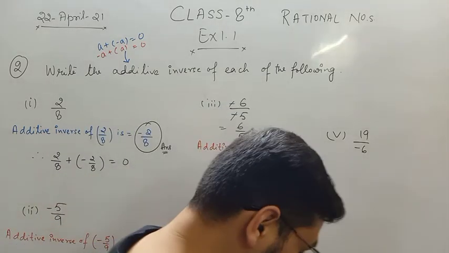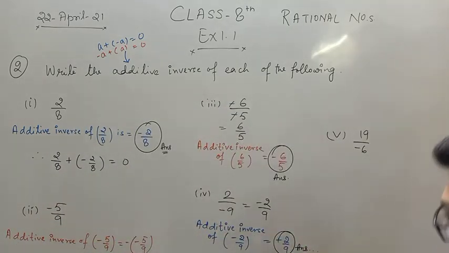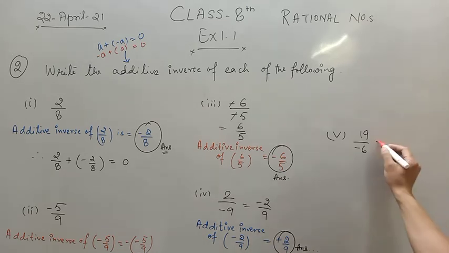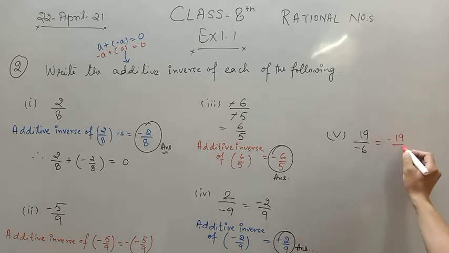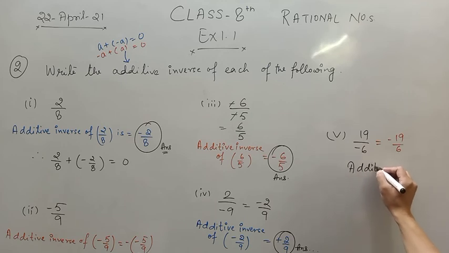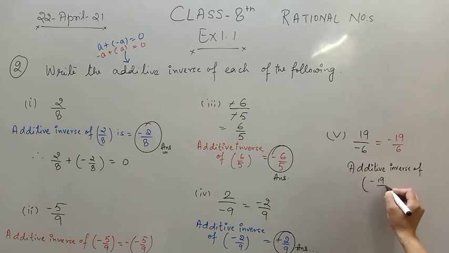Then 19 upon minus 6. 19 upon minus 6 can be written as minus 19 upon 6, right? And the additive inverse of minus 19 upon 6 will be equal to plus 19 upon 6. So this is your answer.